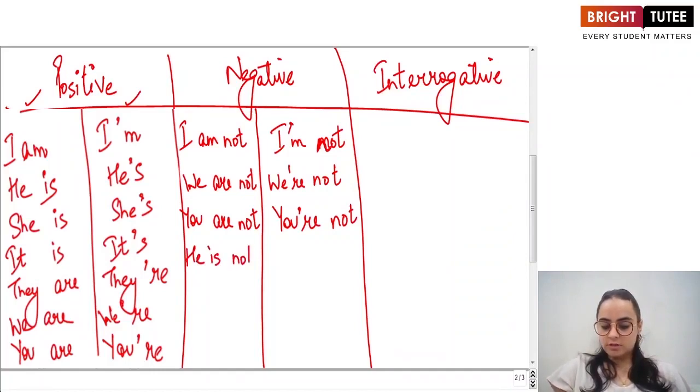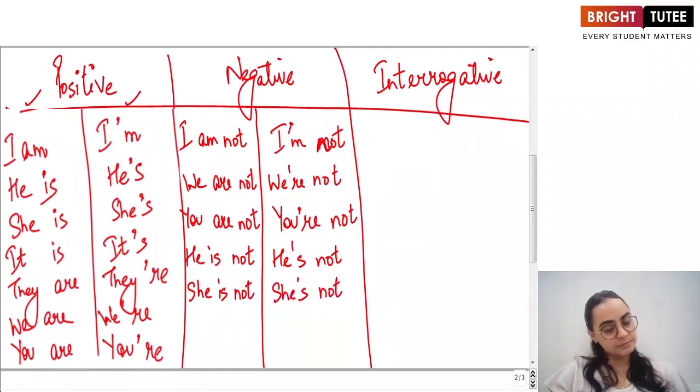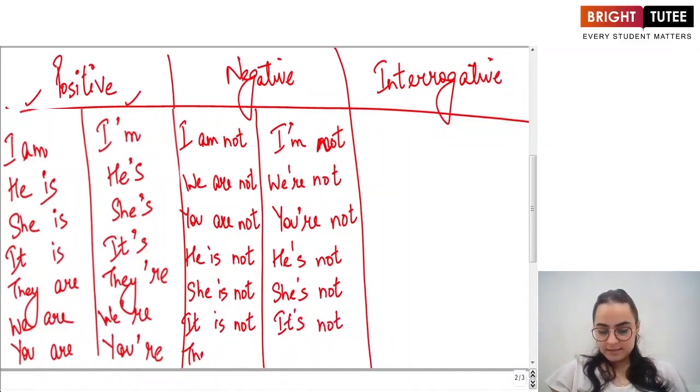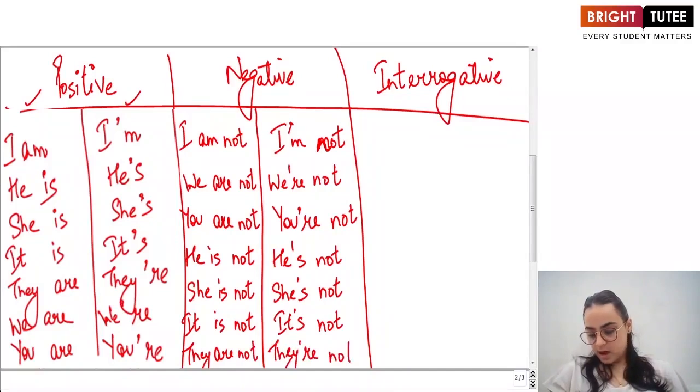He is not changes to he's not. She is not changes to she's not. It is not changes to it's not. And they are not changes to they're not. Alright?